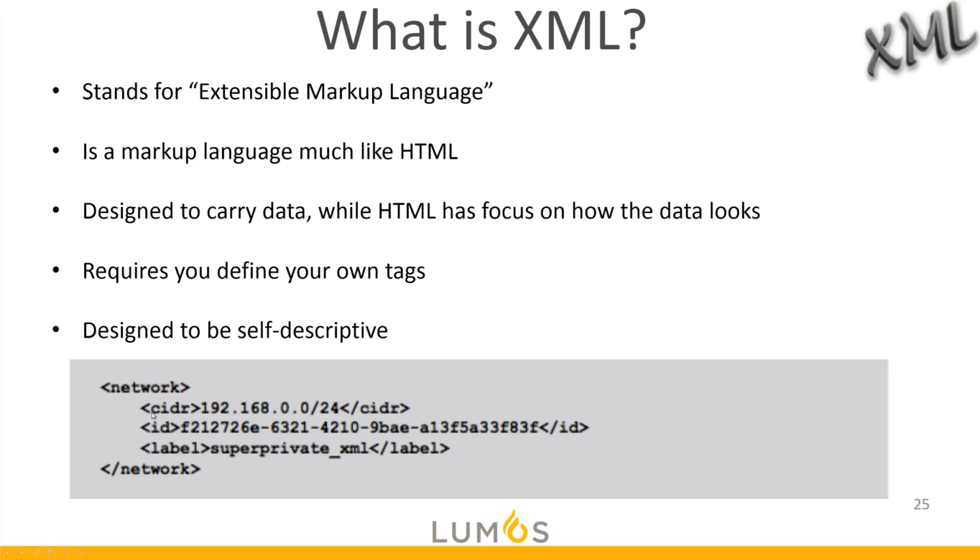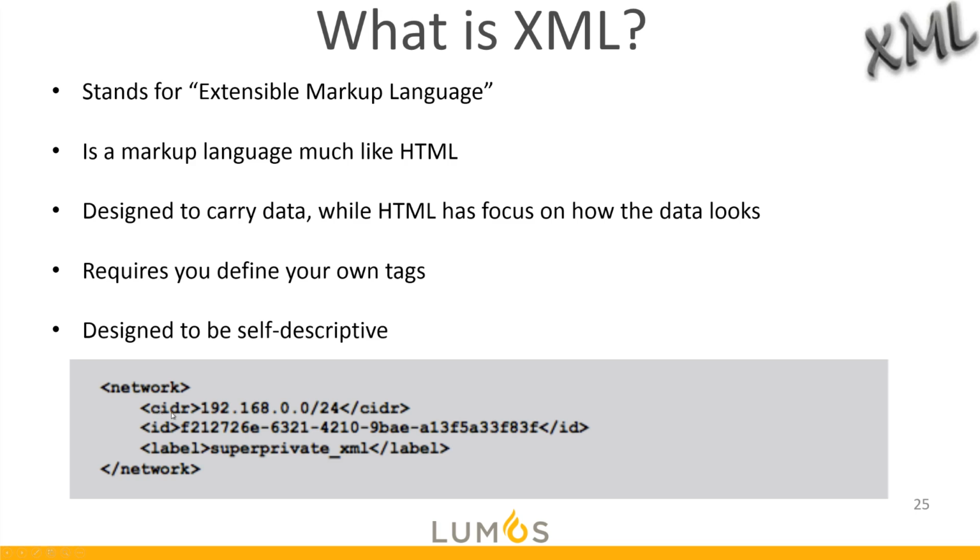We have the opening element of CIDR, or classless interdomain routing, and we have our value. Okay, so the value of network is all of these hierarchical sub-XML elements. Okay, so CIDR, ID, label, and all of their values and their close elements. So that is the value of the key network, is all of these sub-elements.